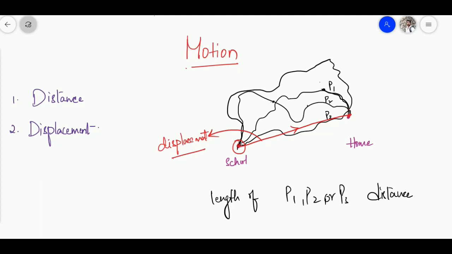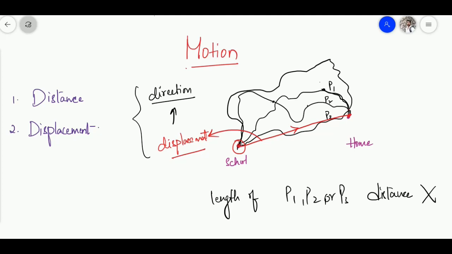That means displacement will have direction, since it is the shortest and direct path from your school to home. If you fly towards your home in that direction, you will reach your home. So the displacement will have direction. Distance doesn't have any direction.